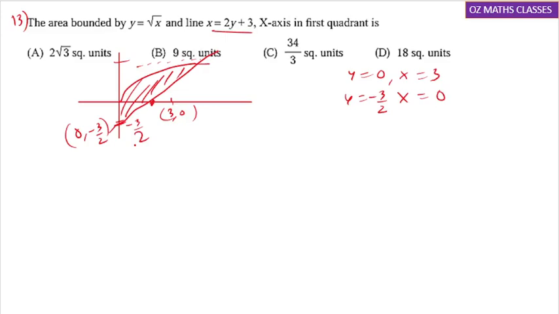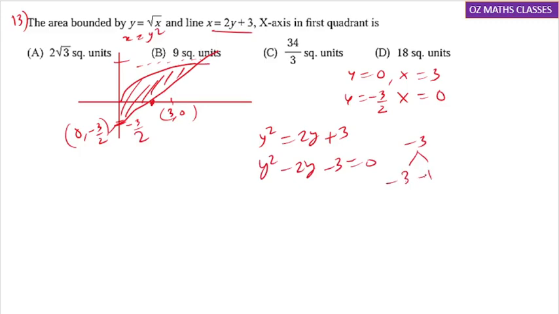Now solve for the point of intersection. So here we need the y value. So replace x, x will be y square. So y square equal to 2y plus 3. So y square minus 2y minus 3 equal to 0. Now factorizing, 3 into 1, minus 3 plus 1. So y is 3 or minus 1.